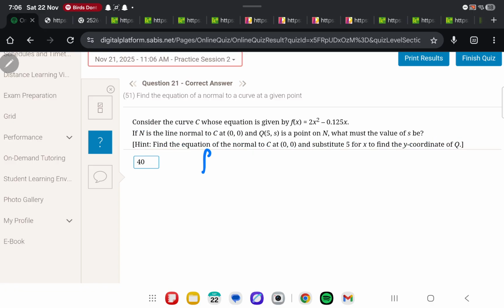So derive this. Remember, the notation of a derivative when you're given f of x is f prime of x. So f prime of x is 4x minus 0.125. Now substitute 0.